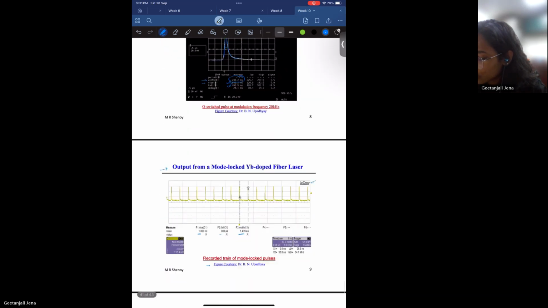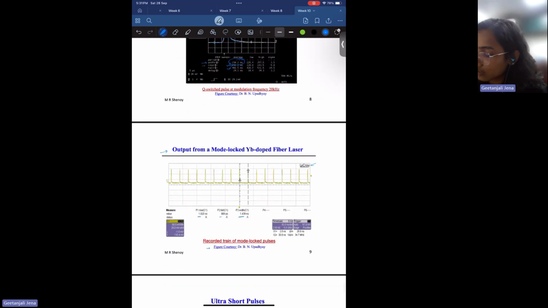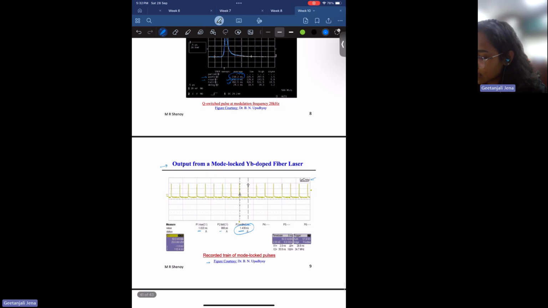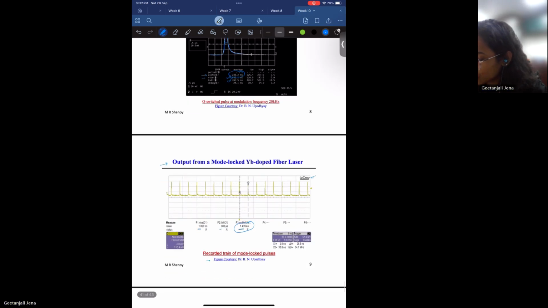Okay. So this is also one of the recorded trains of mode-locked pulses. You can see how narrow these pulses are. The width is around 1.439 nanosecond.